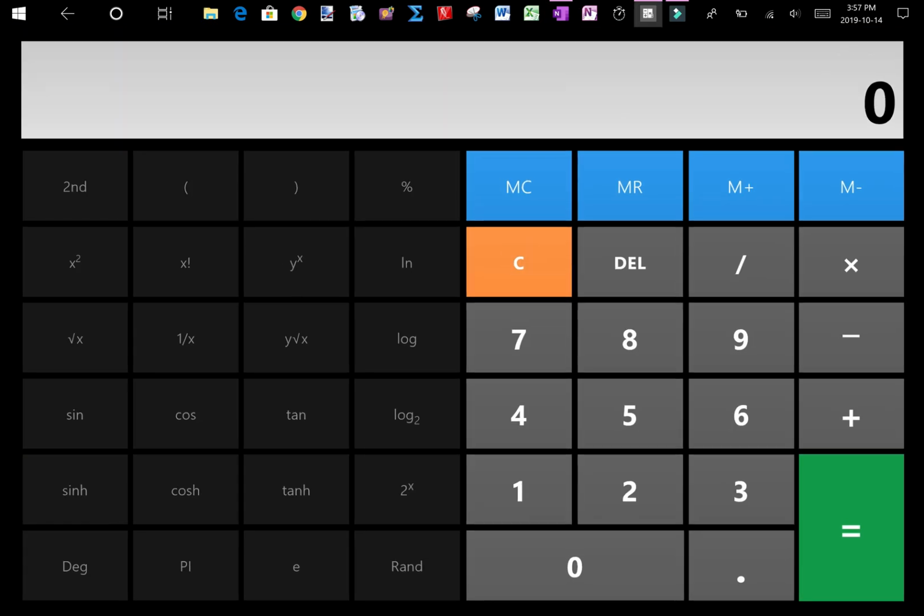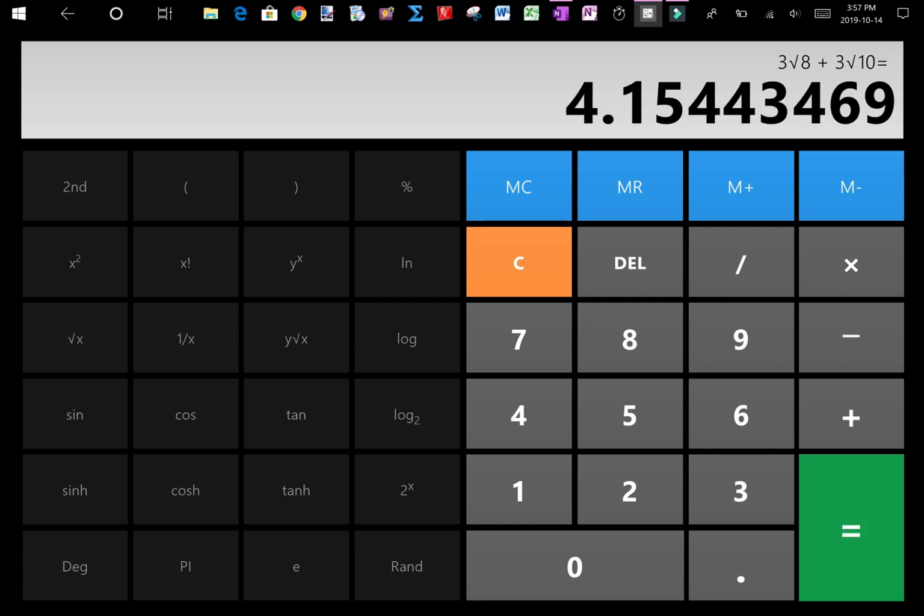So I'm going to type in the cube root of 8 plus the cube root of 10 and see if I get what I think I'm going to get, which is 4.15, and sure enough you get 4.15. So you can see that your work is correct. And also, if you have one of those calculators where they show you what you're typing in, like this one here at the top right hand corner, you can make sure that you've typed it in correctly too.